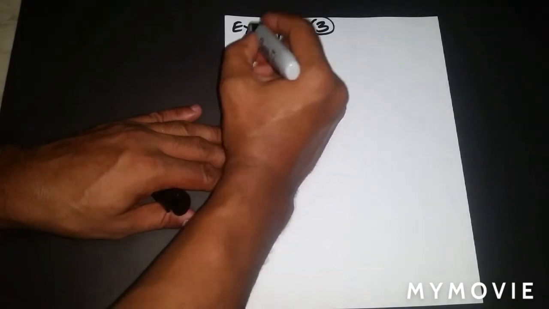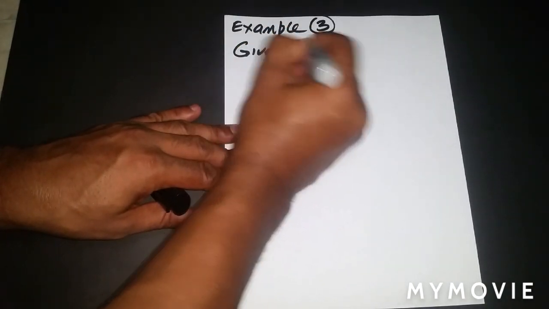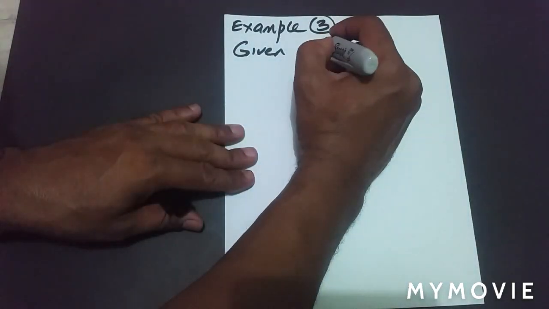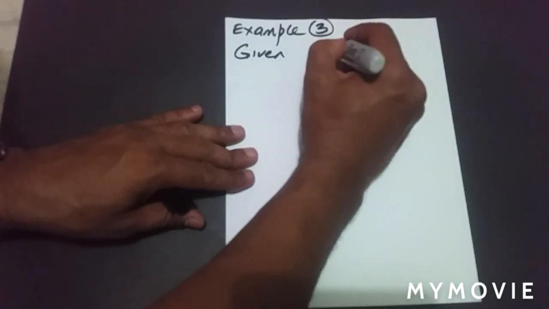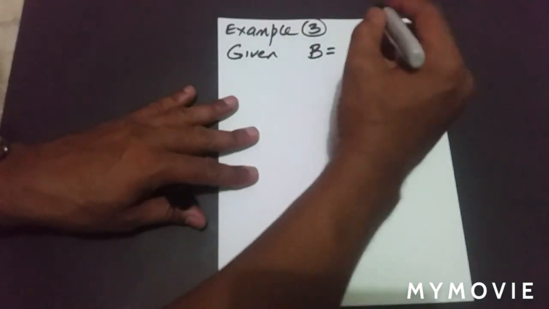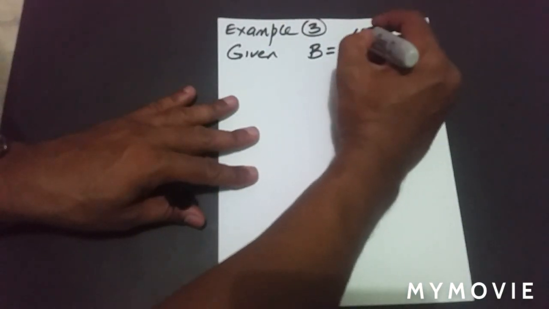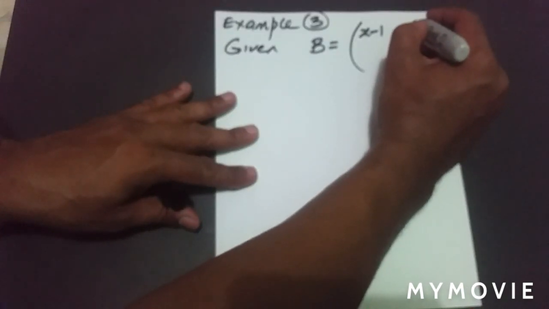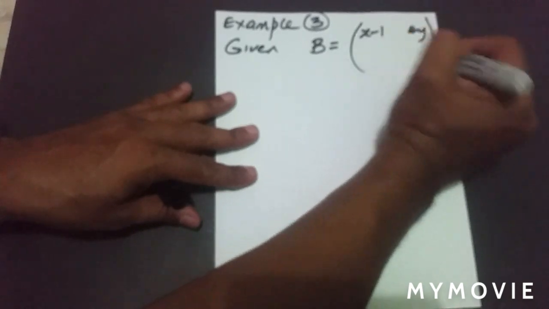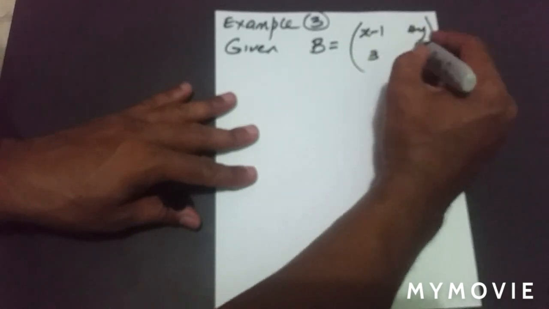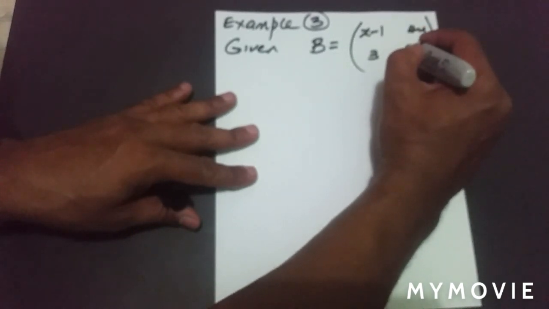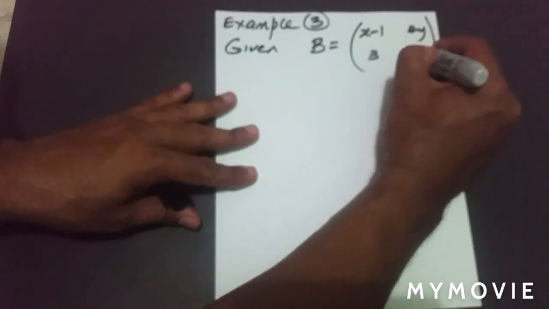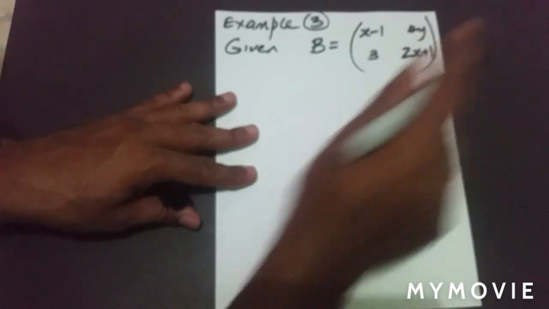We're given matrix B, and this matrix is x minus 1, 4y, 3, and let's say 2x plus 1.